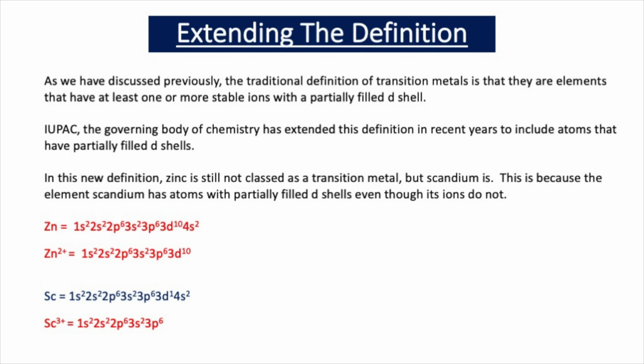So this is 1s2, 2s2, 2p6, 3s2, 3p6. This has an empty D shell. So it's classed as a transition metal by this new definition because its atom has a partially filled D shell. By the old definition, it wouldn't be classed as a transition metal because its only stable ion has an empty D shell, not a partially filled one.